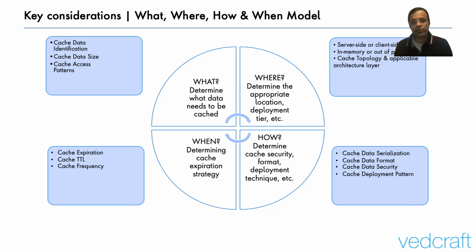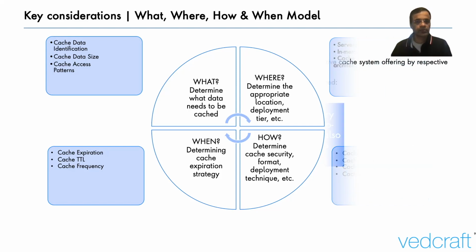And then the question comes about the technology, how you're caching the data, which caching topology you're going to use, what techniques you are going to apply. And the last bit is when are you going to cache it? How long? What is your TTL? That's a very important perspective: when you're thinking about caching, you think about these four dimensions.